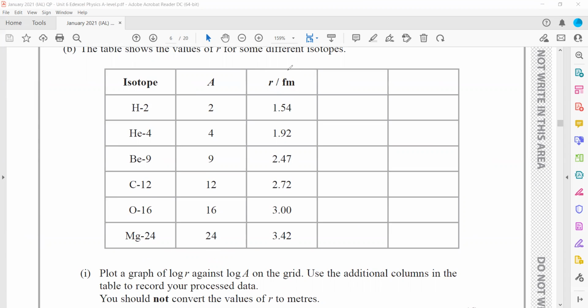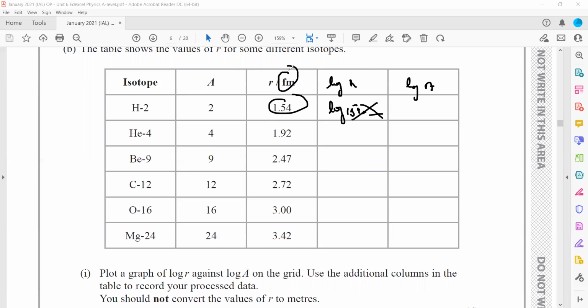Here it is written in femtometers. When students substitute, they use this number only. Like you will write log 1.54 and write whatever answer you get, but that will be wrong.